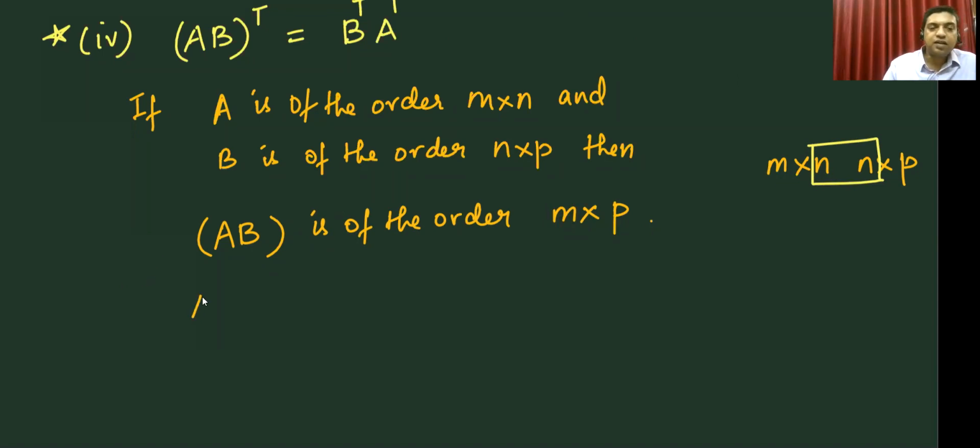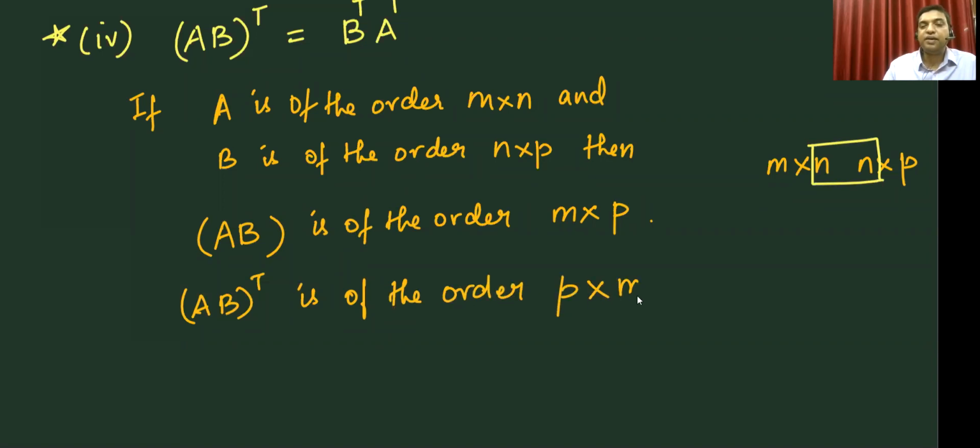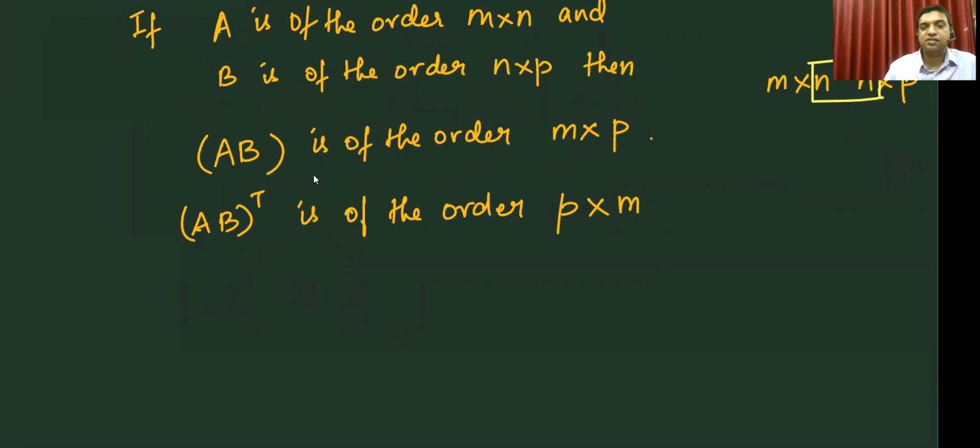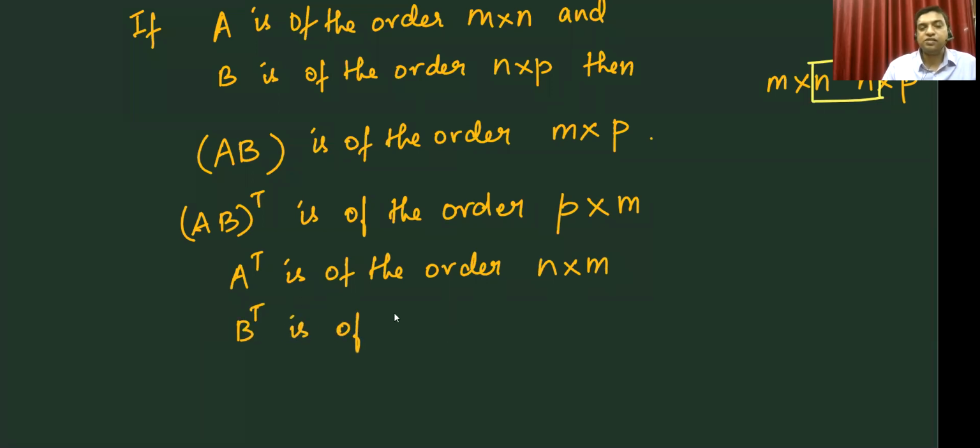Now AB whole transpose will be of the order p cross m, isn't it? All right. Now, what is A transpose? A transpose is of the order n cross m, and B transpose is of the order p cross n.